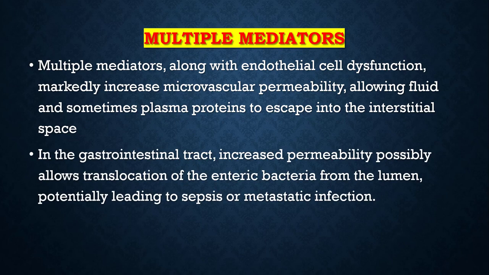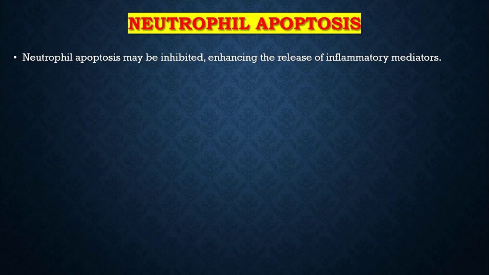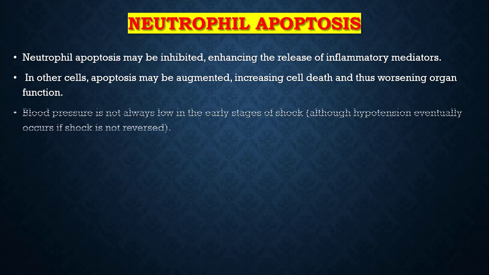In the gastrointestinal tract, increased permeability possibly allows translocation of enteric bacteria from the lumen, potentially leading to sepsis or metastatic infection. Neutrophil apoptosis may be inhibited, enhancing the release of inflammatory mediators. In other cells, apoptosis may be augmented, increasing cell death and thus worsening organ function.